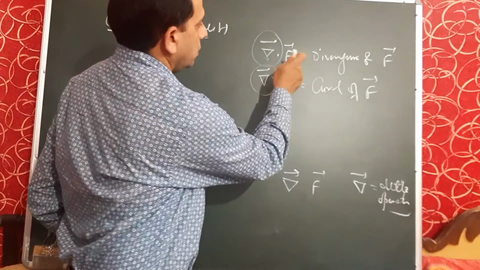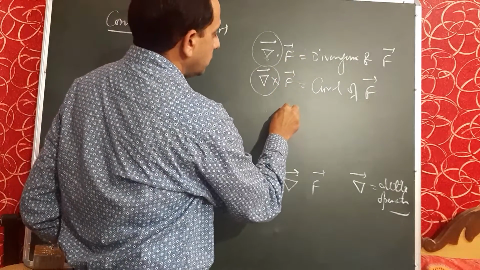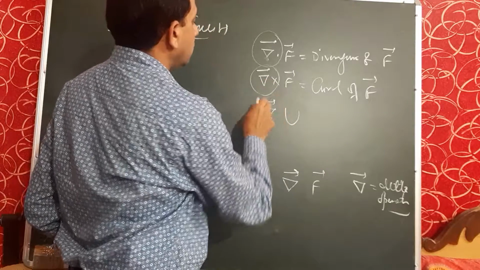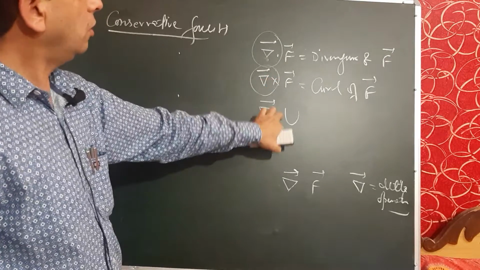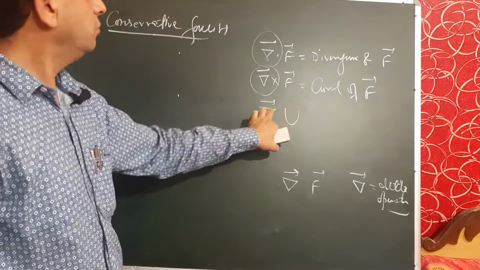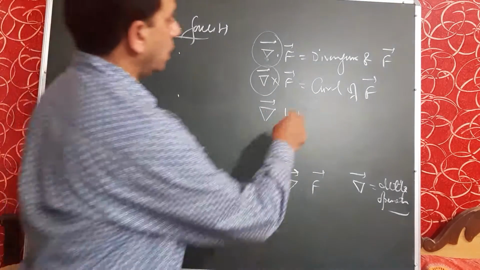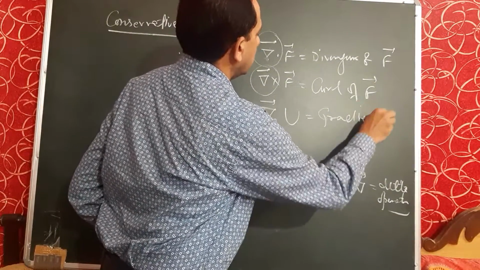If this force is a vector quantity, and if it is a scalar quantity, let it be energy u, then this del vector is written as del u. There is no dot or cross because this is a vector and u is a scalar. So we can multiply a vector with a scalar without any dot or cross. This is called gradient.